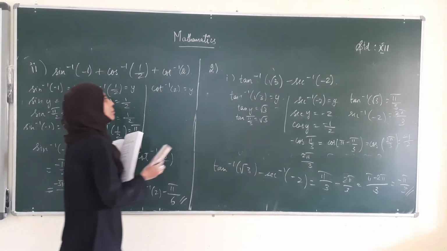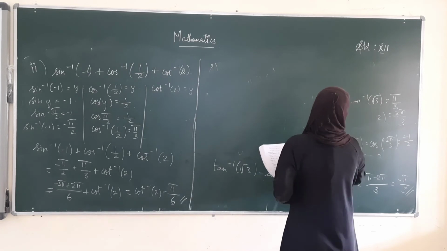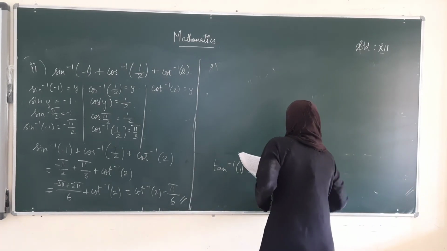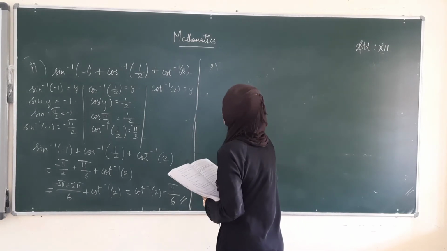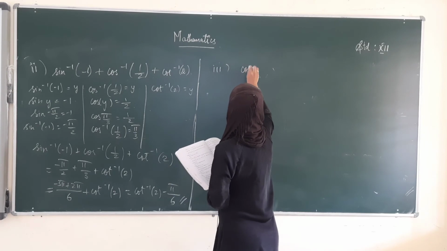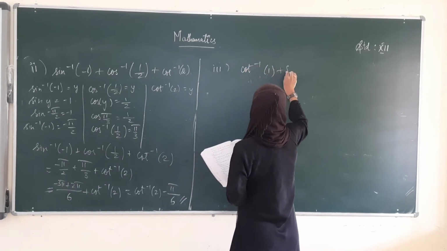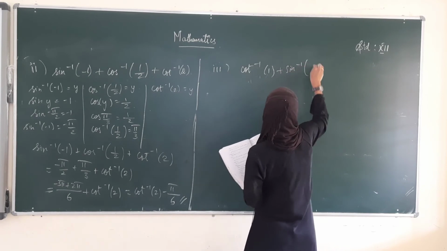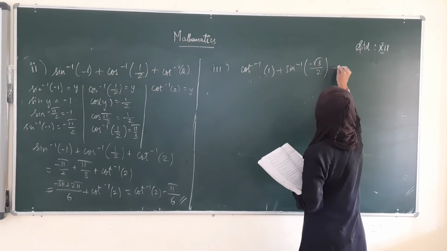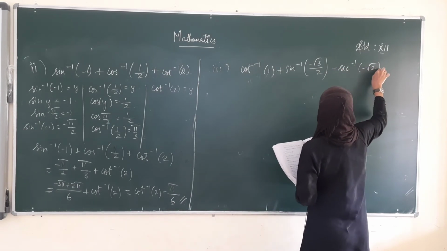See the last question. The third subdivision, what's the question? Cot inverse of 1 plus sin inverse of minus root 3 divided by 2 minus secant inverse of minus root 2.